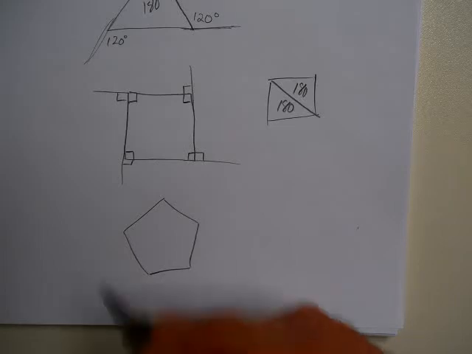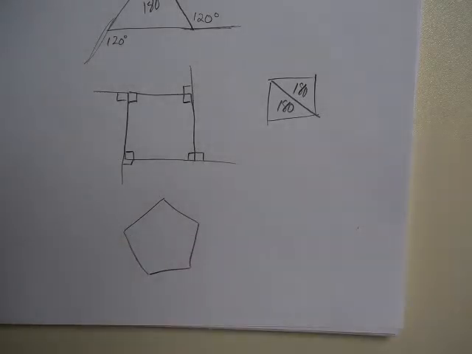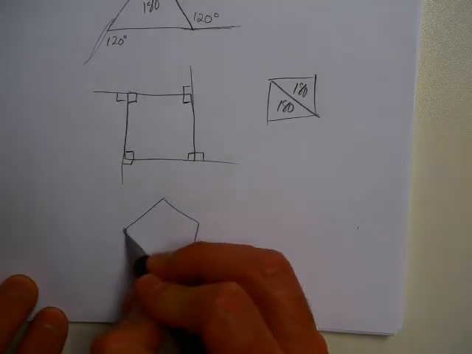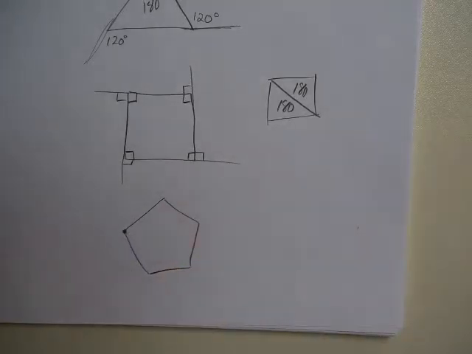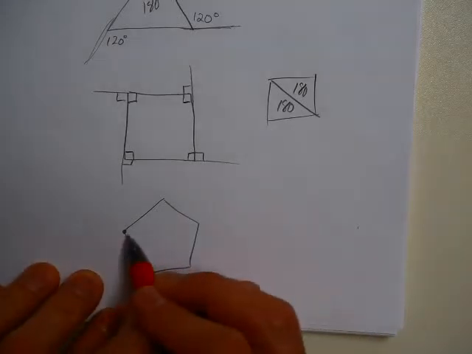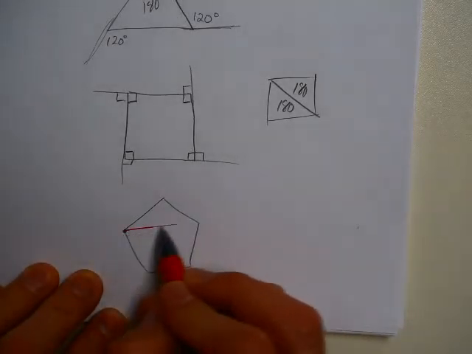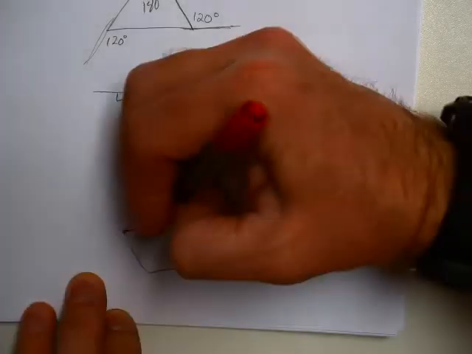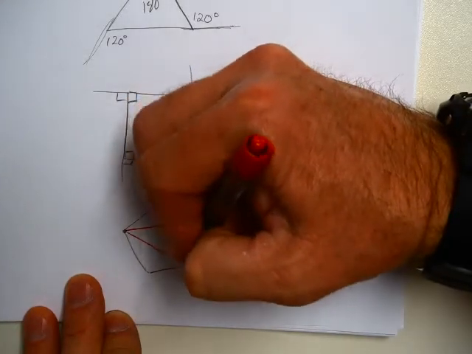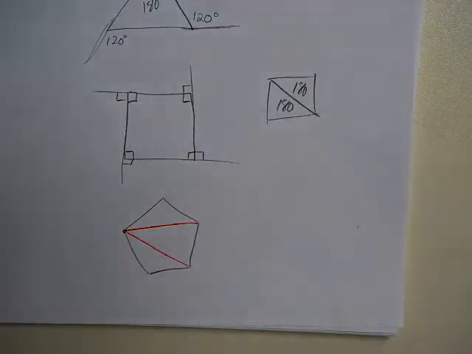If I pick any point in a polygon, let's say I pick this point right here, and I draw all the possible triangles, all the diagonals only from that one point, how many triangles am I able to make? 3, right?